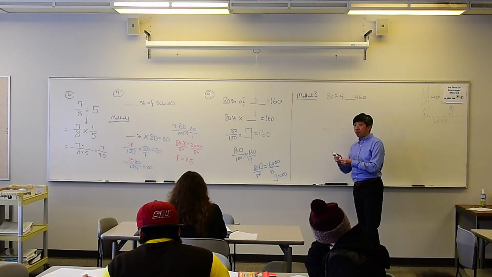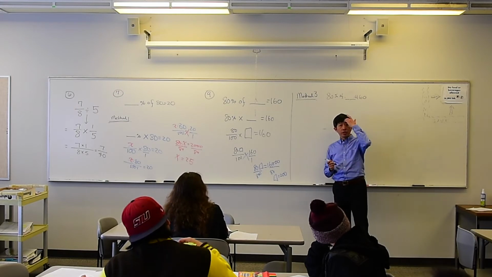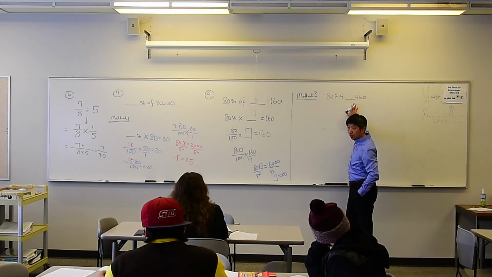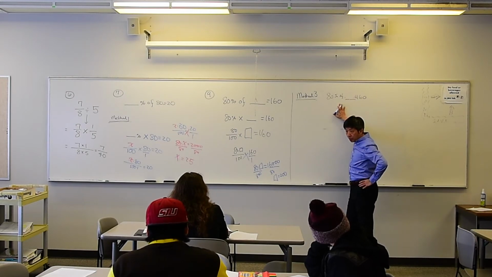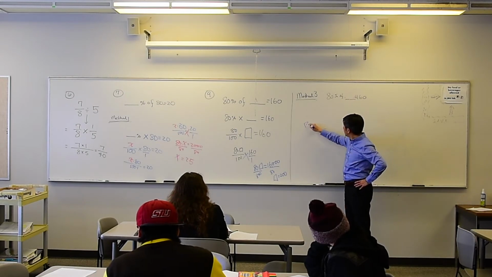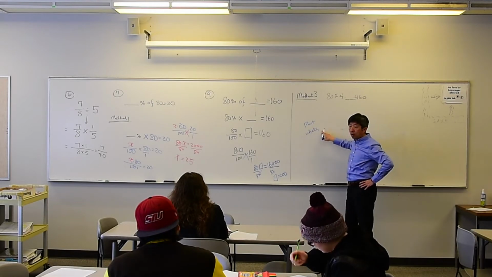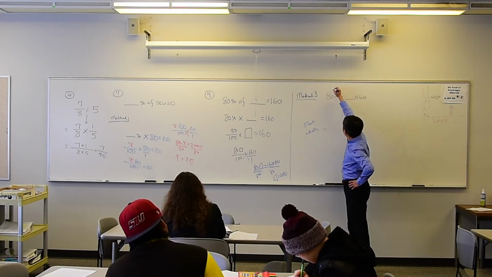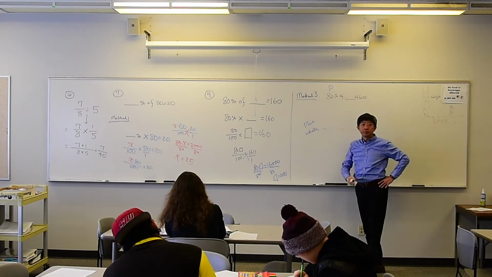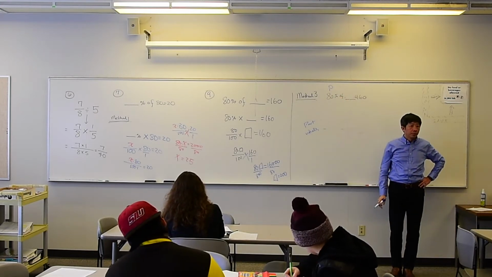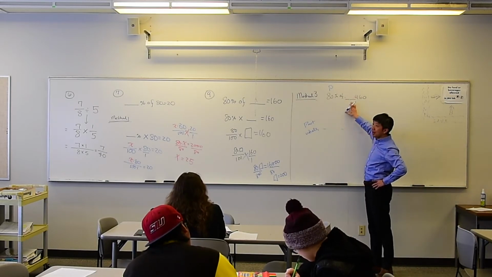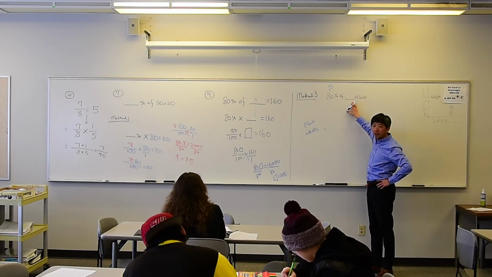I will just basically label it. If I have a problem like this, I will just label it, okay? 80%. Is it part or whole? Part, right? Okay, part. Now how about this one? 80% of something. Is this a whole or part?